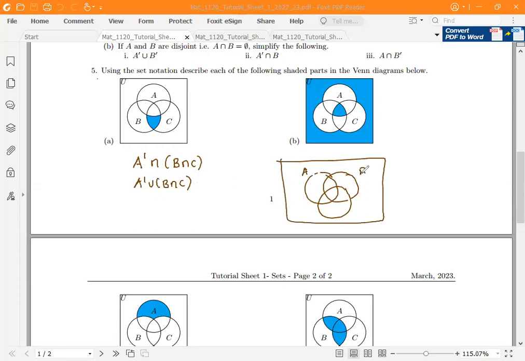A, B, C. We name the sets A, B, C. So you would say, okay, A complement is here.